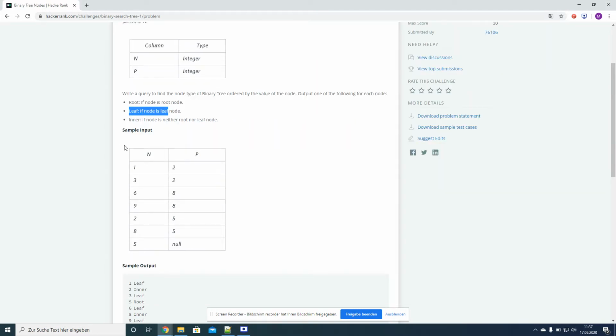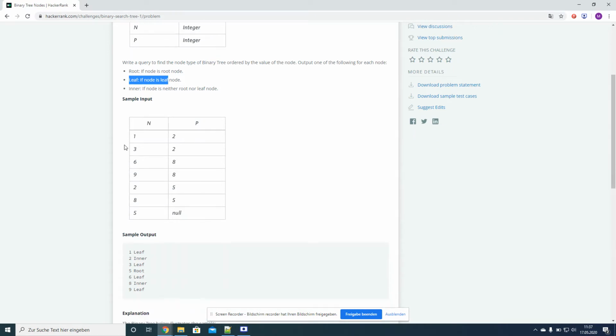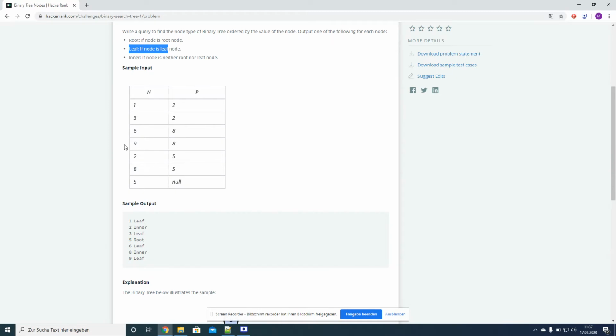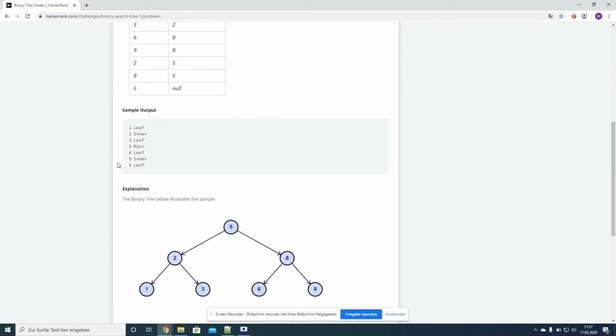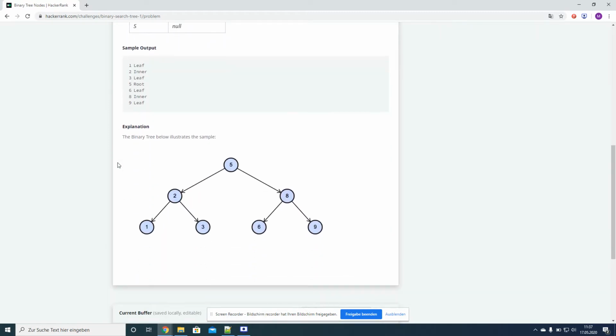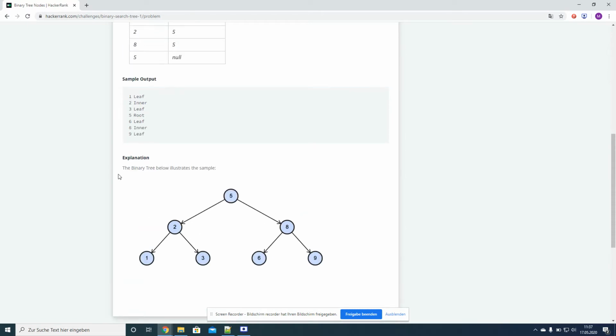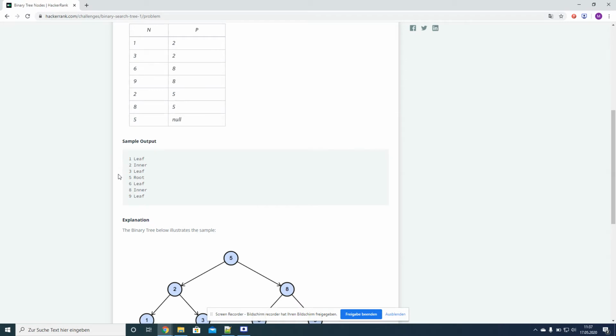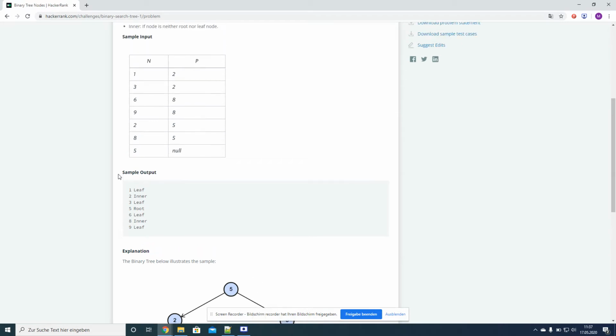Leaf, if node is leaf node. Okay, what makes a leaf node a leaf node? What makes you a leaf node? So you definitely have a parent, but inner has a parent too.